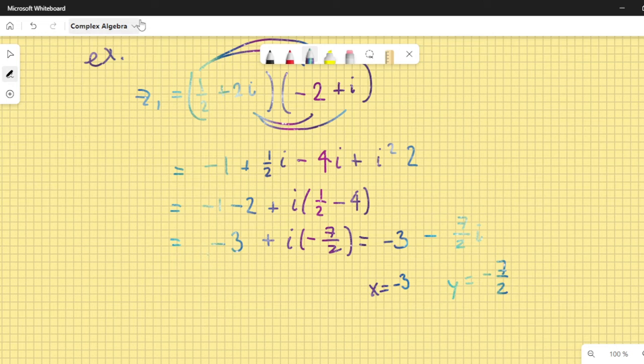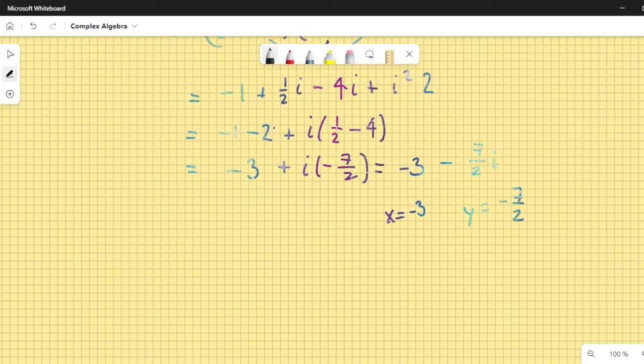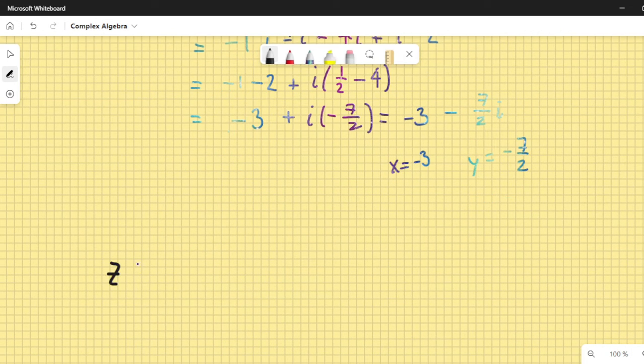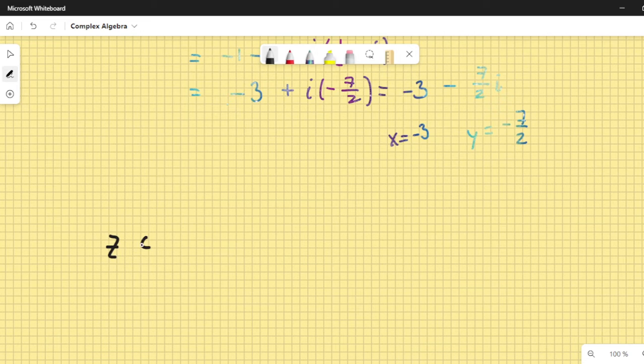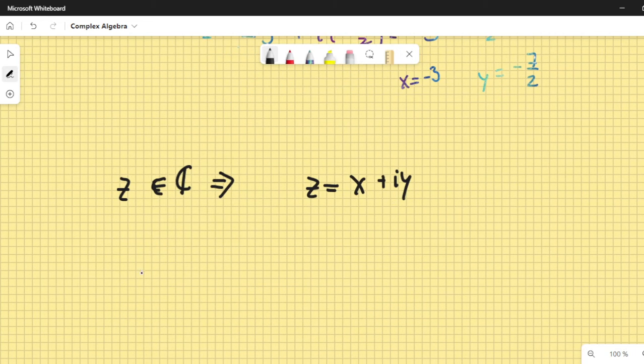Now, another thing we can do. For example, if I have a complex number c, this means it can be written as x plus iy. What if I want to take the square of this complex number? Well, remember, the square is just the multiplication by itself, two times in this case.